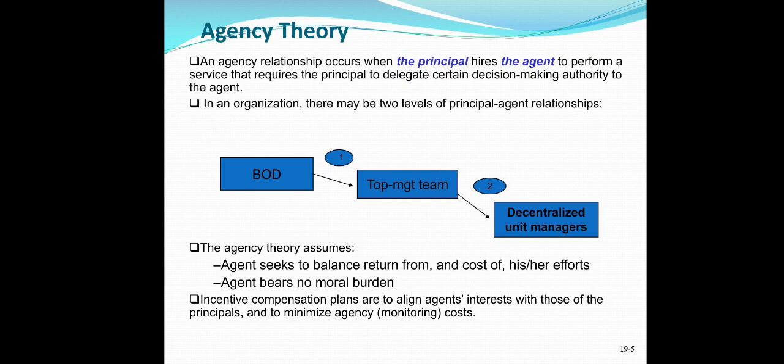So the agency theory says, if you want your agent to do things your way, you have to create an incentive compensation plan that can push the agent to do what you want.